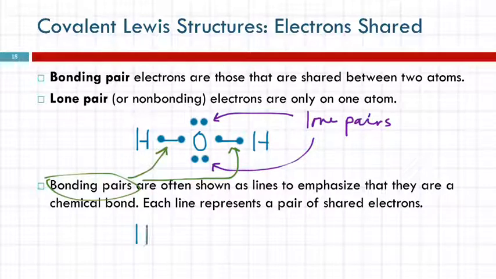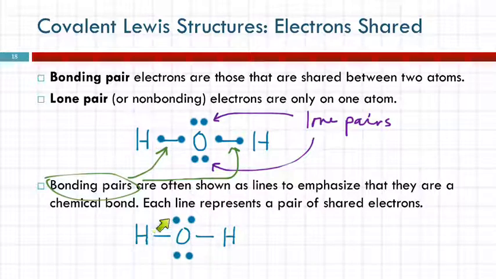So you will often see the Lewis structure for water drawn like this. And that has some advantages as well. So this line represents 2 electrons connected, shared. So it's just, we connected the dots.